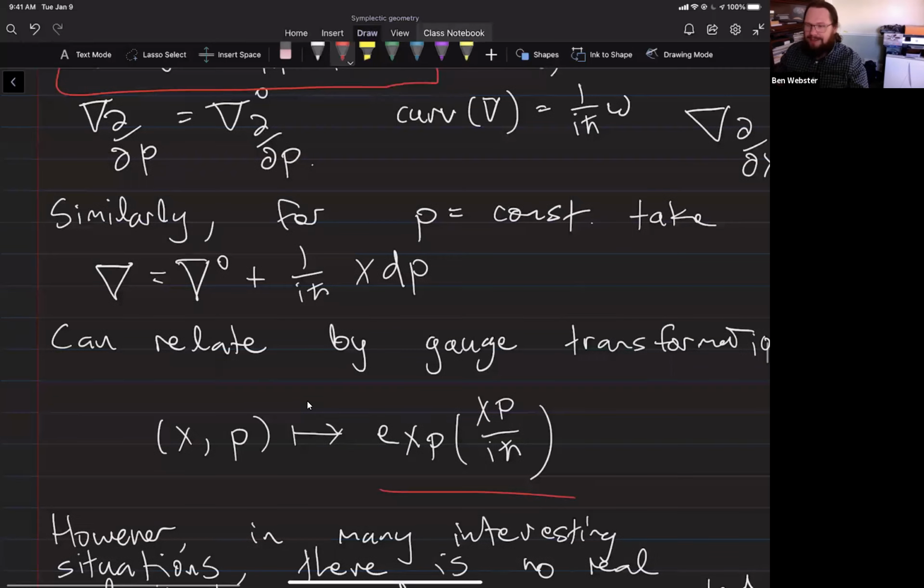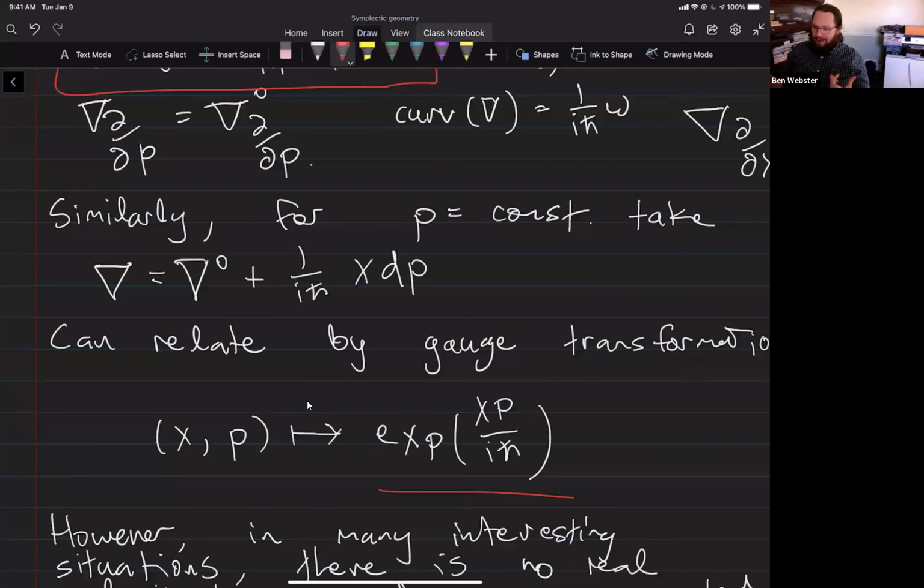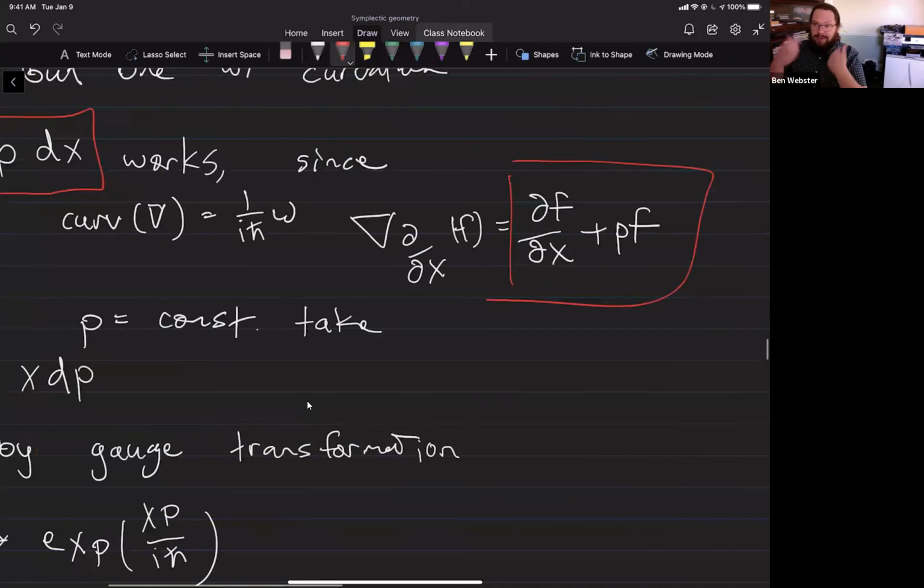And so, for P constant, sorry, I said the wrong thing. Yeah, no, I get what so with this connection, it's functions that are independent of X. And here, it's functions that depend on X by e to the minus IPX. Maybe I missed H bar or something, right? This probably should have had an IH bar in it.